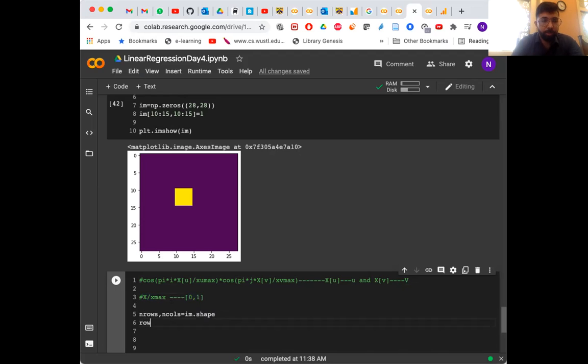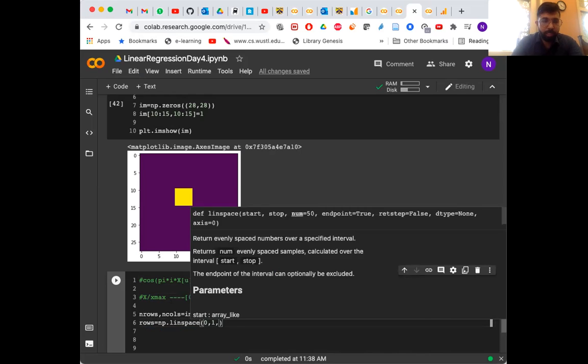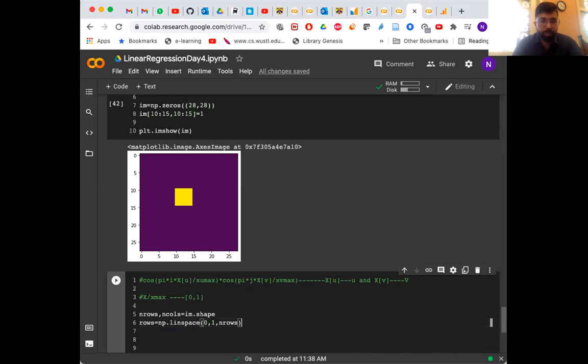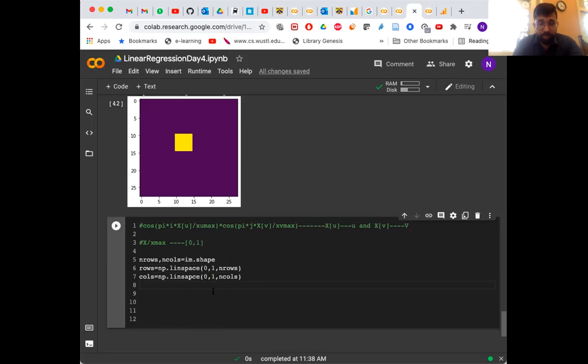So I can call it rows equal to np.linspace from 0 to 1 with n rows, and similarly columns, np.linspace between 0 and 1 with n cols. Now since these are vectors, let me do this.